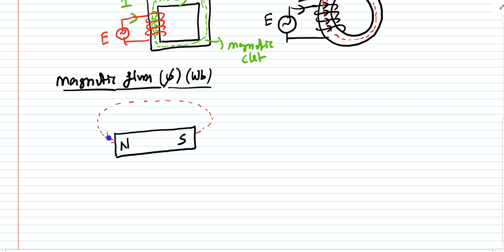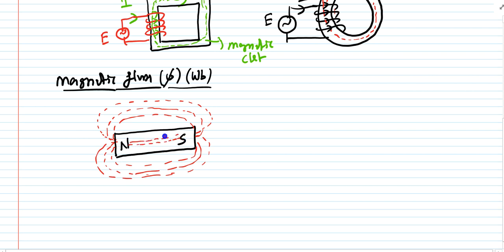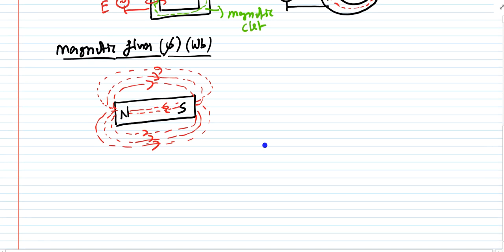This is how the magnetic lines of force go, as you can imagine. Inside the magnet, the magnetic lines of force go from south to north, but outside the magnet, they go from north to south.